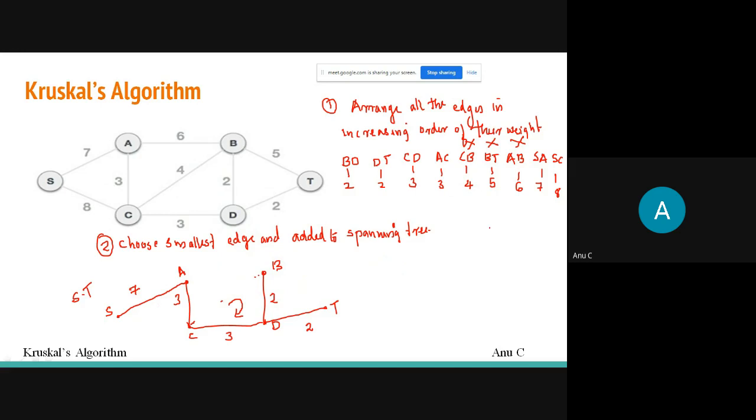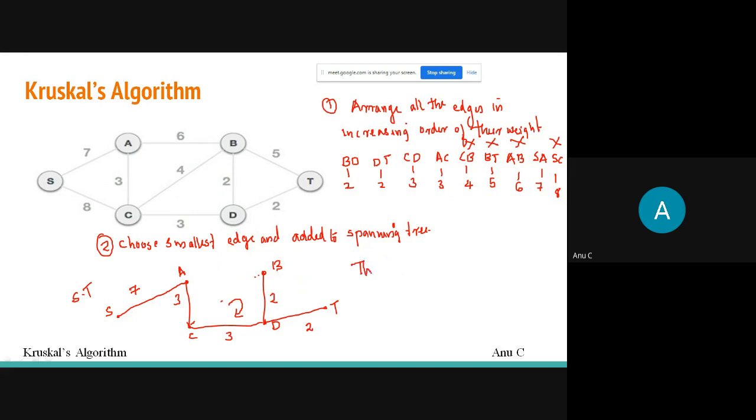Then the last edge is SC. So SC also creates a circuit, right? Here we add the SC. It also creates the circuit. So discard this edge also. And finally, this is a minimum spanning tree.